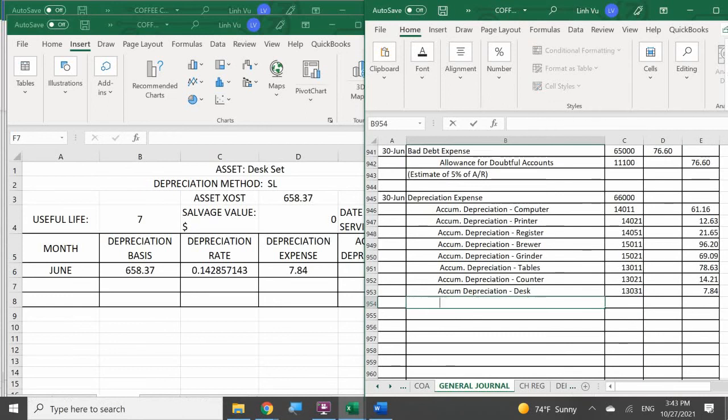And the next one is the display. Where is the display? Shelves. Oh, 13.41, and it is 6.87.